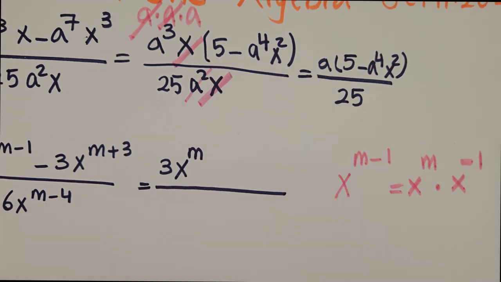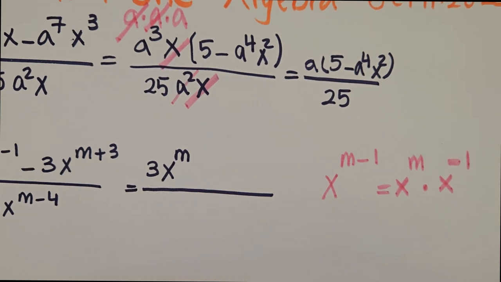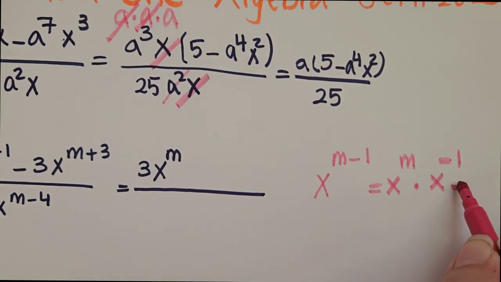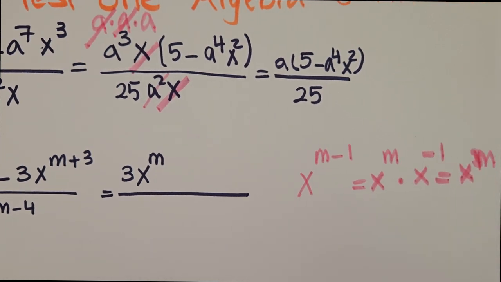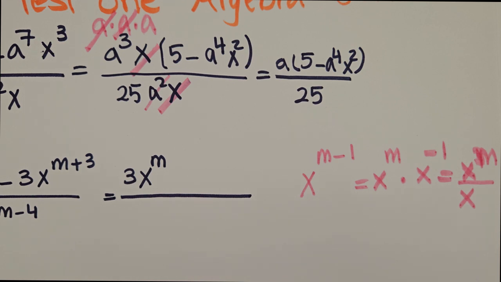When we have the same base, different exponent, the exponents will be added together. Another way of showing it, x to the power negative 1 is 1 over x. So it's just a side note for your reference.